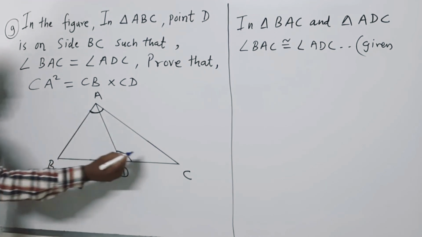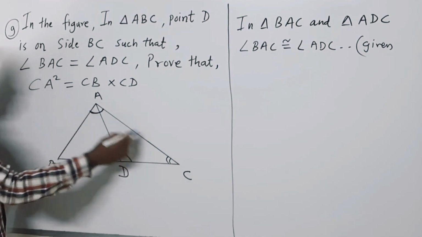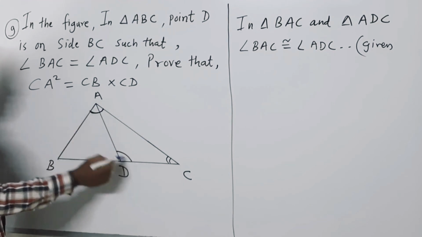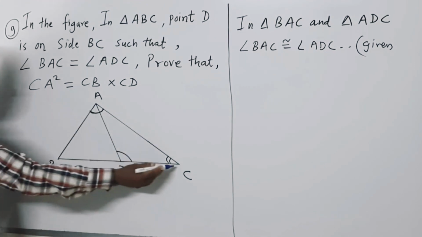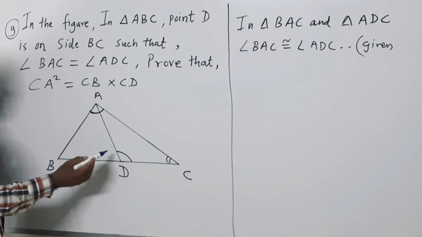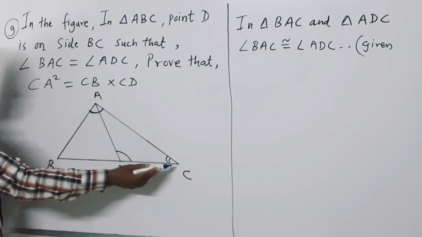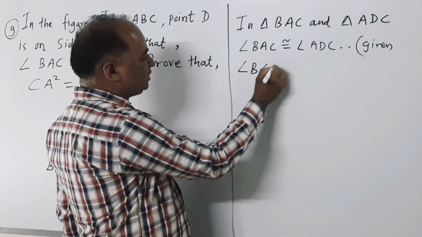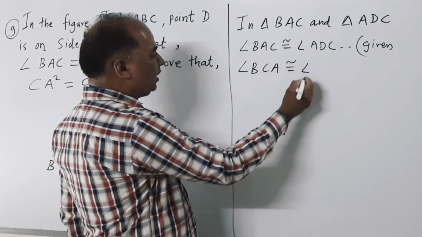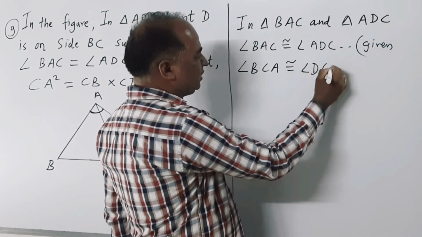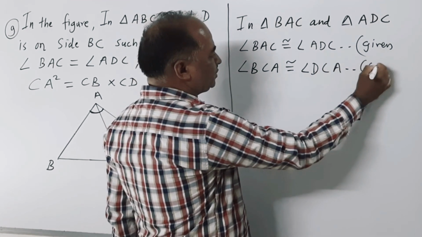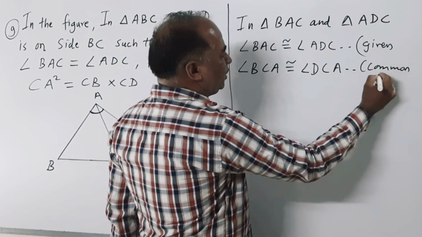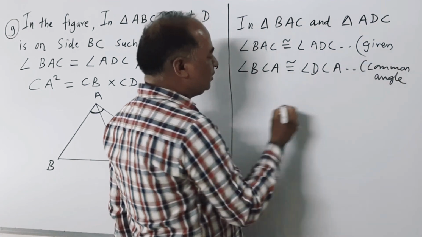Now this angle C is there in the big triangle ABC as well as triangle ADC. So angle BCA is congruent to angle DCA, which is the common angle in both the triangles.